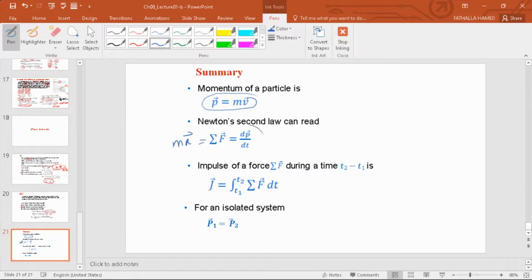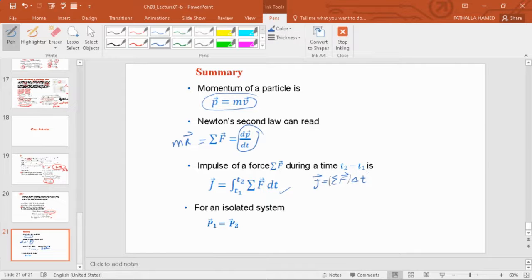We can also write it as dp by dt. And we defined impulse, and we said the impulse is the integral of the force over the time interval. But you can also say if the force is constant, then J will equal the force multiplied by delta T.